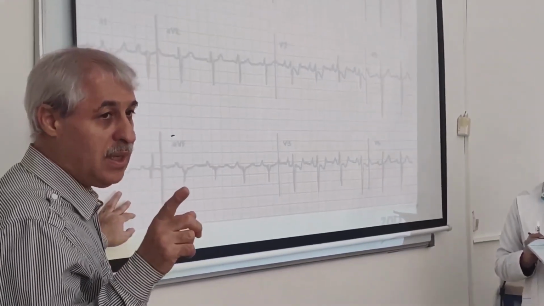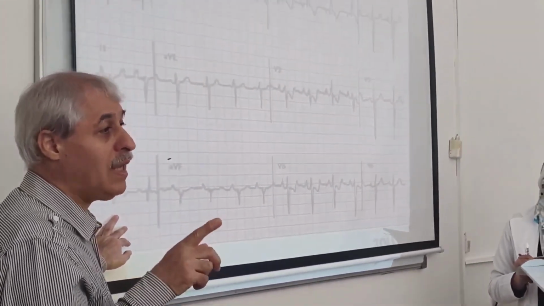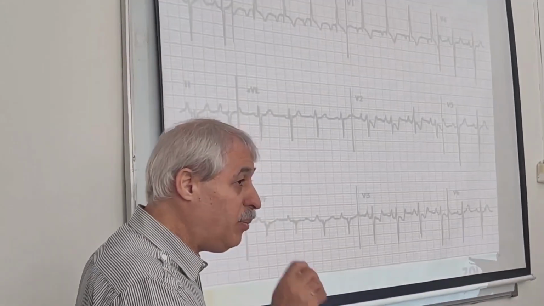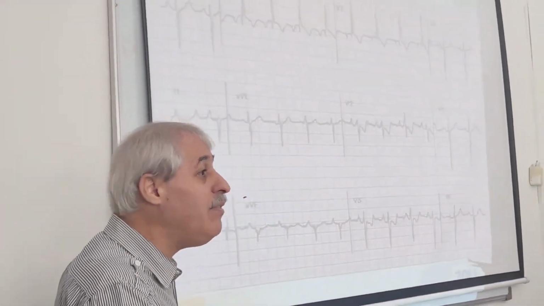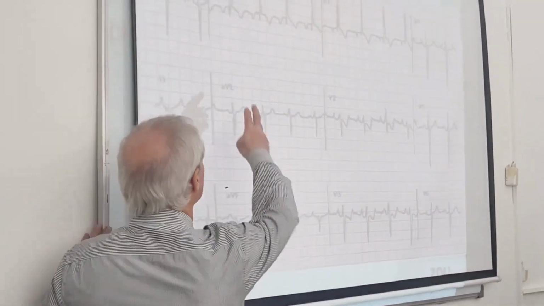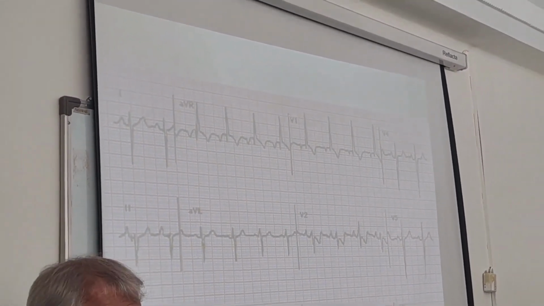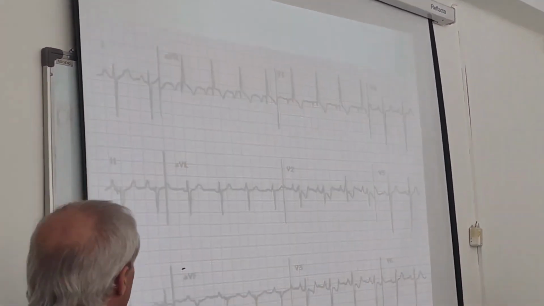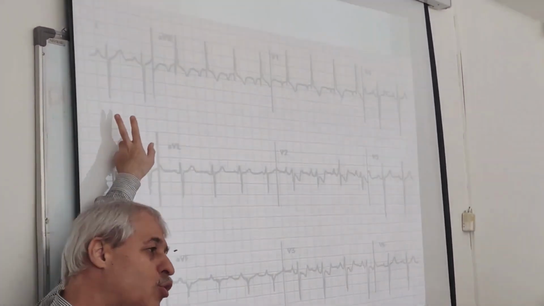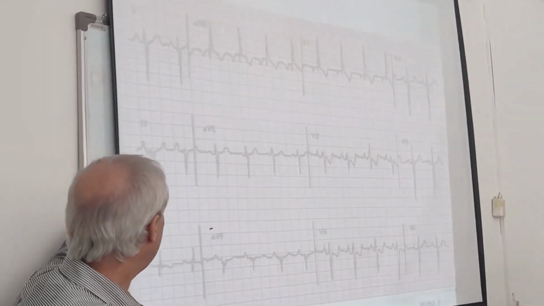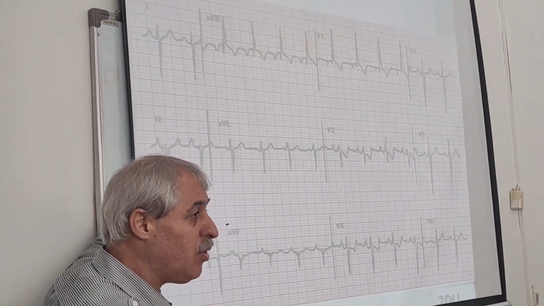If 210 is the correct answer, then you should have the biggest QRS complex in AVR. This is AVR. If plus 30 is the correct answer, means in lead 1 or lead 2, which are near to plus 30, you should have the biggest positive QRS complex.